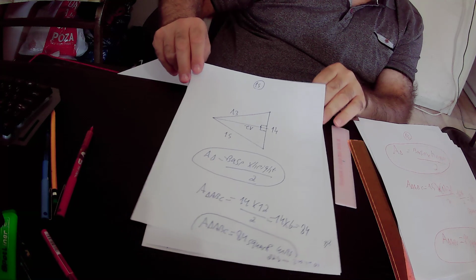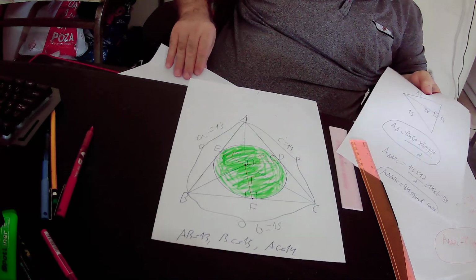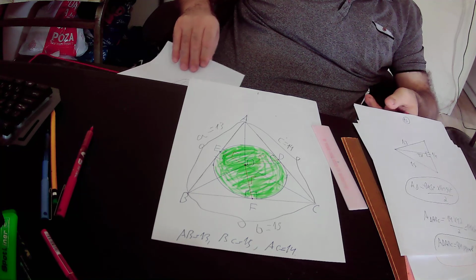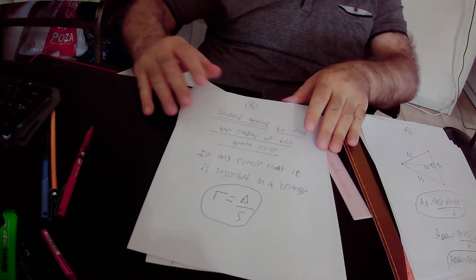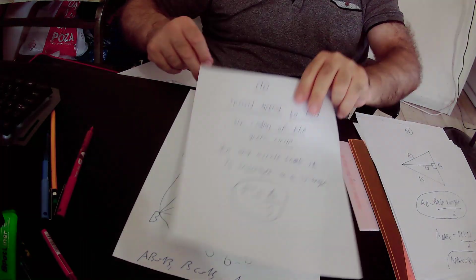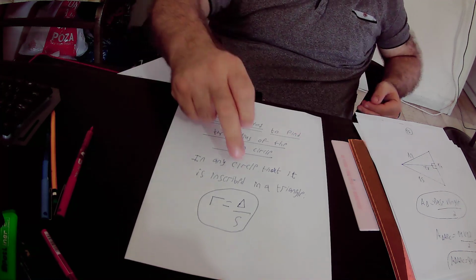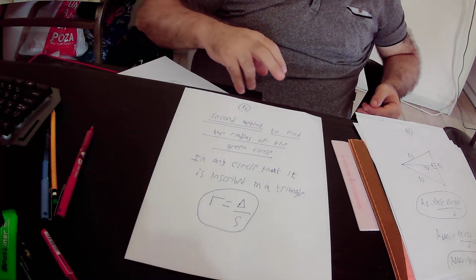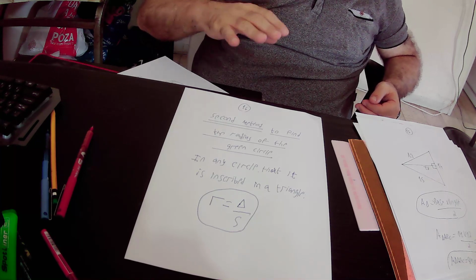Then I presented to you a second method to find the radius of this green circle. We can use this formula in any circle that is inscribed inside a triangle.